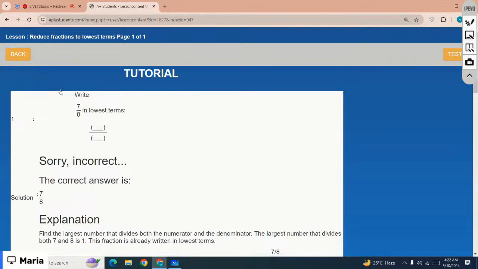When we have to reduce the fraction to the lowest term, you have to find the largest number that can divide both numerator and denominator, right? For example, the fraction we are given is 7 over 8. Do we have a common number that can divide 7 and 8?